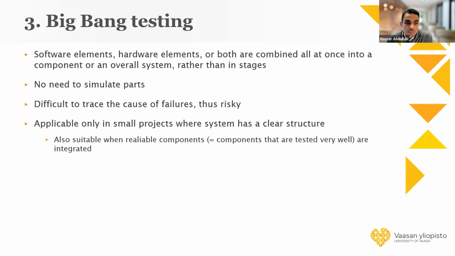It can be used for a small system, that's okay. But if you go for a big system, we have the problem of locating the defect later. Here we don't have to use the stub or the driver, because we test the whole system together.